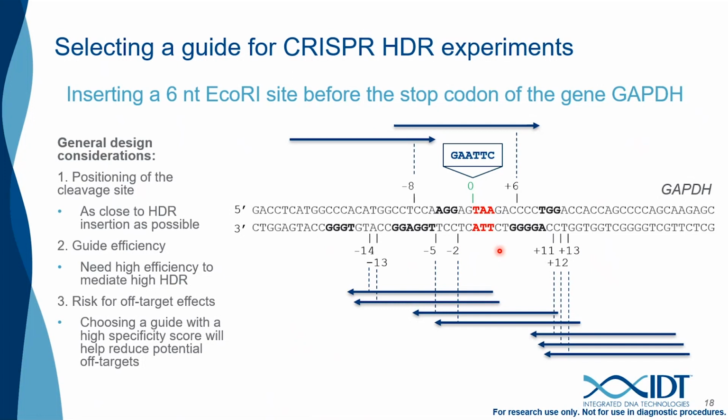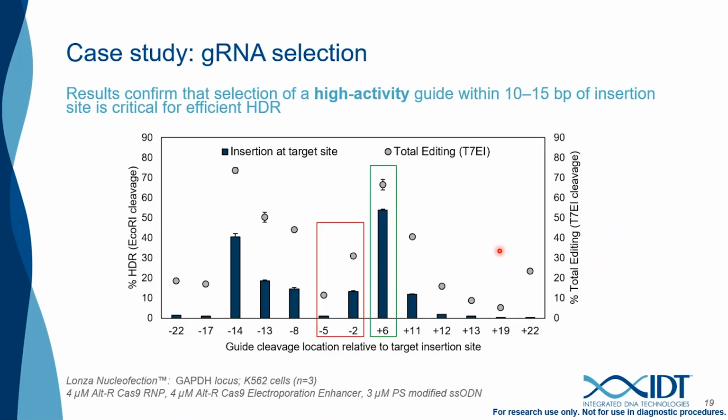All right, so as we look at the HDR rates here, it turns out that position really isn't everything. So the guide that cuts 6 bases downstream from the insert is actually the guide that gives us the highest HDR rates. So you can see if we look at this by EcoR1 cleavage, we're getting over 50% HDR. And in contrast, you can see that the guides that cut only 2 or 5 bases away from our desired edit are actually really poor efficiency guides.